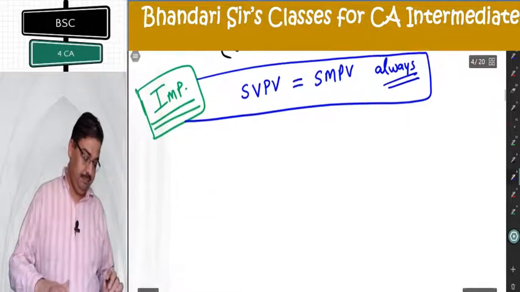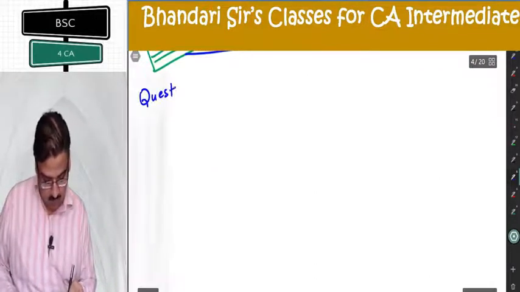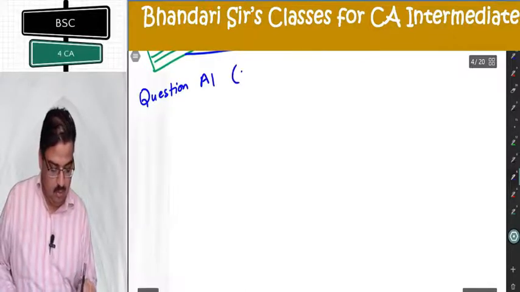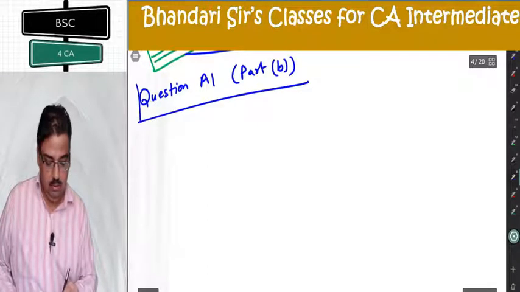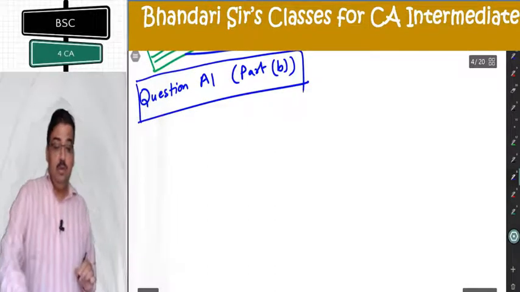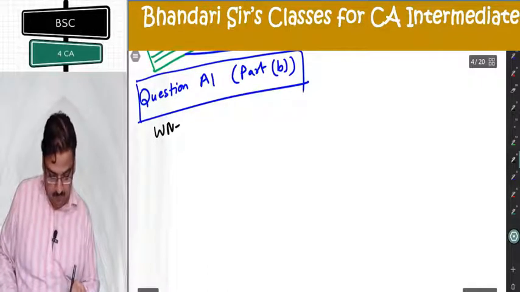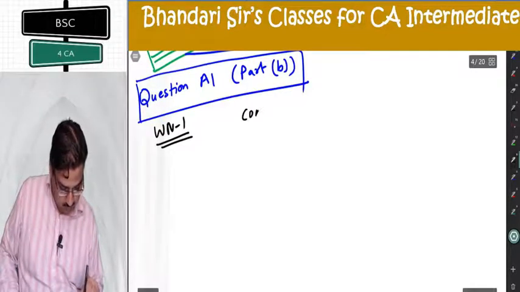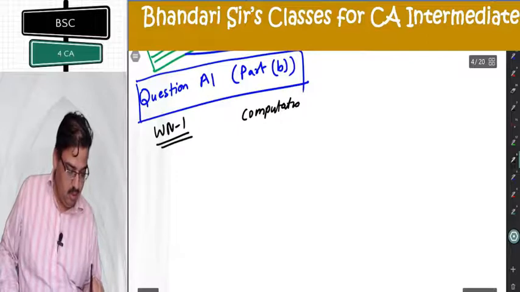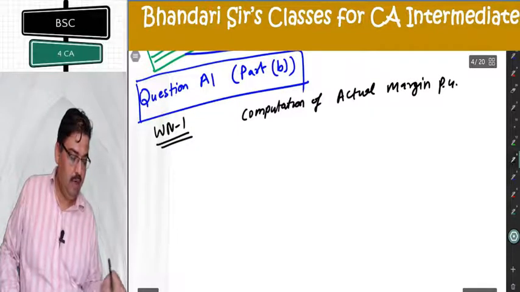Question A1, part B or part 2 I can call. So first what I do, in a working note, I calculate margins. Computation of actual margin per unit.